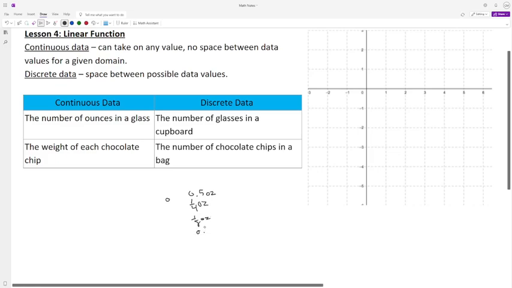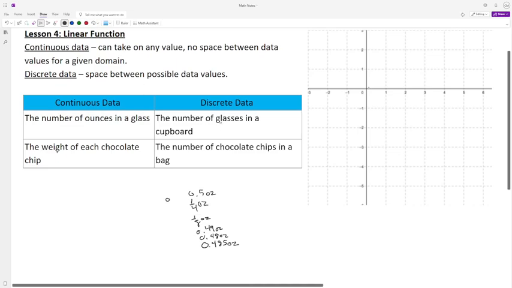We could have 0.49 ounces or 0.48 ounces or 0.485 ounces. We could have any range of ounces for the weight of each chocolate chip. So since this is an infinite amount of values, we're going to have a continuous line for this.